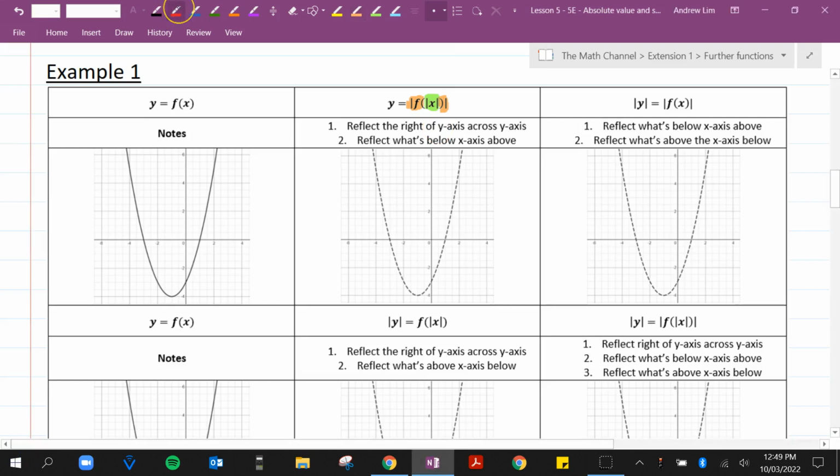So what does this look like? I'm going to reflect the right of the y-axis across the y-axis. So we've got all this. I'm going to reflect it. Something like that. And then what's below will come above. Right?